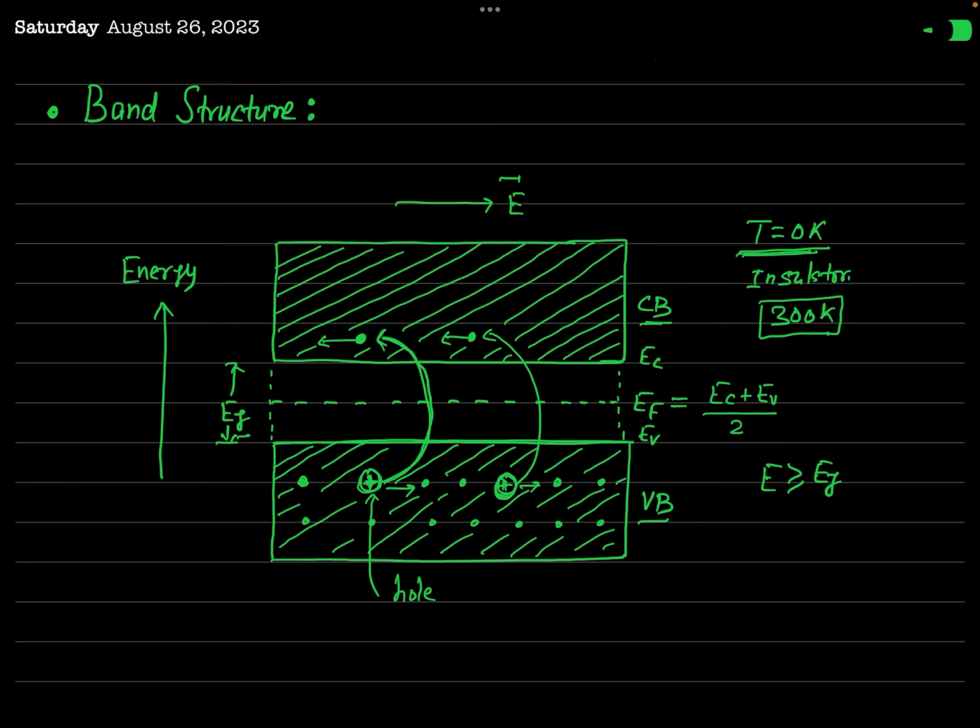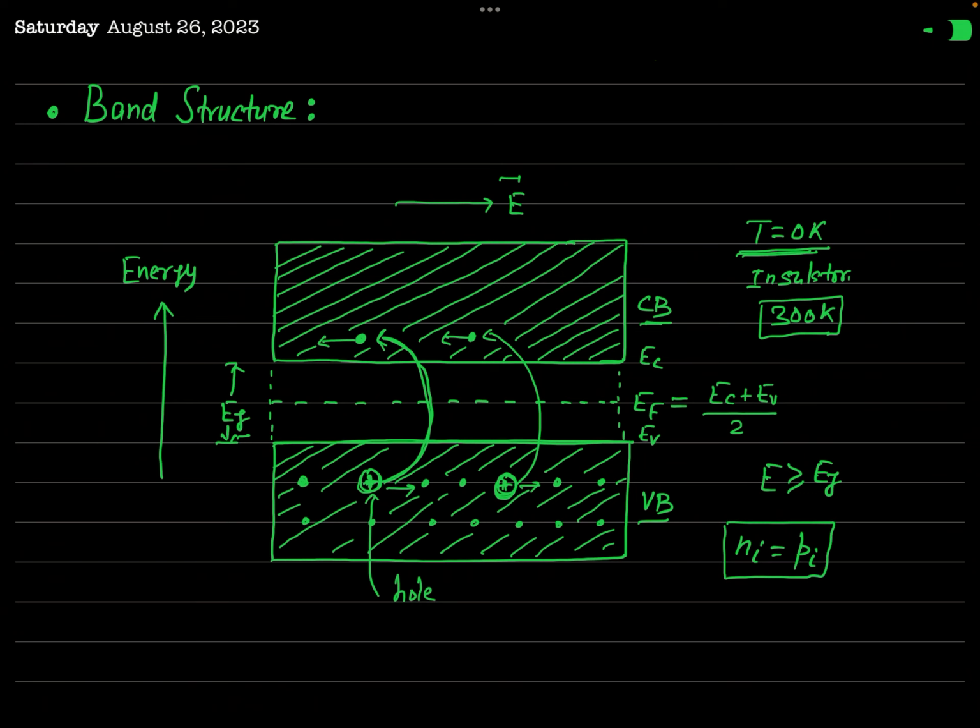If 3 electrons jump, then there will be 3 holes in the valence band. So you can see the number of electrons in the conduction band, let us say this is Ni, will be equal to the number of holes in the valence band, let us say this is Pi. So definitely Ni will be equal to Pi.